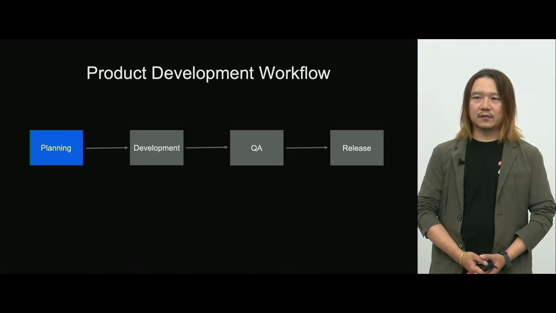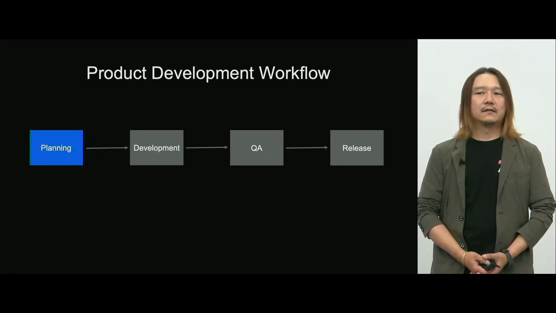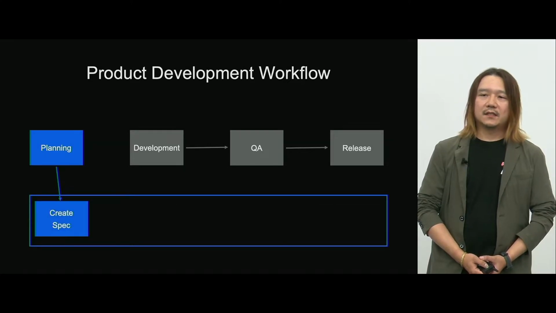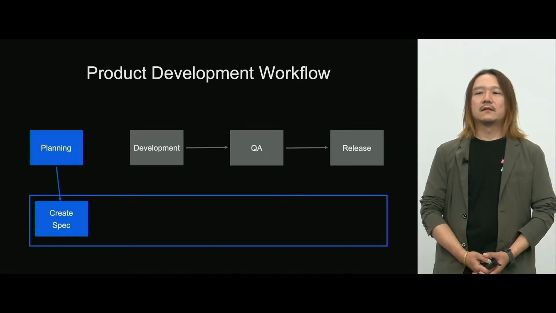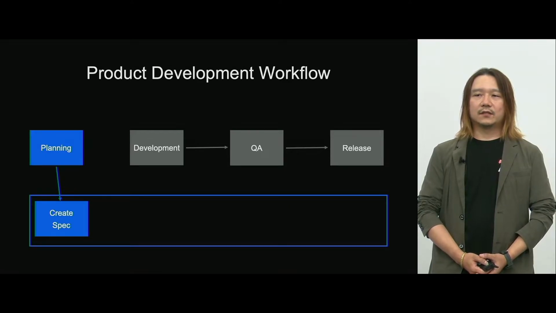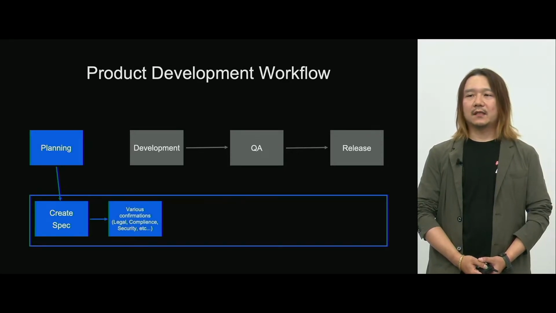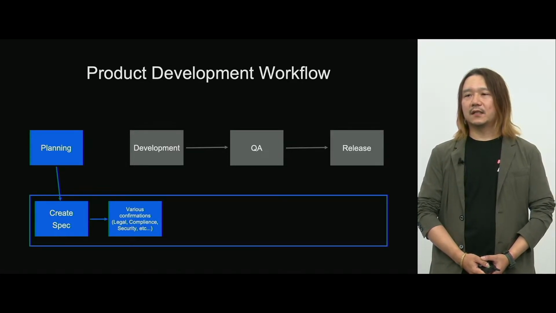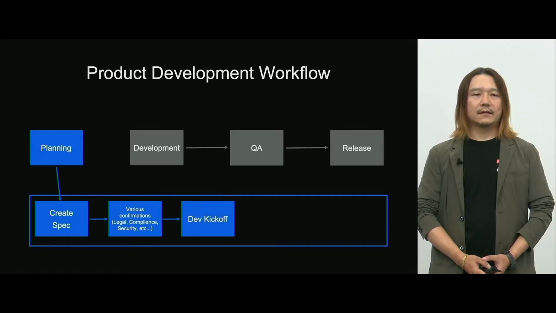First of all, I focused on the planning phase and organized the flow. First, we had to create specifications. In order to implement the specifications, there were many things that I had to confirm in terms of legal, compliance, and security. We have to confirm from various perspectives.